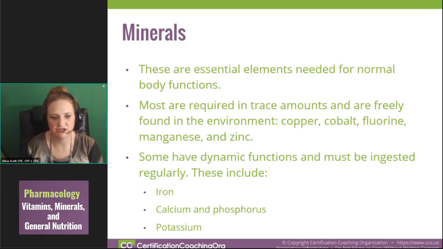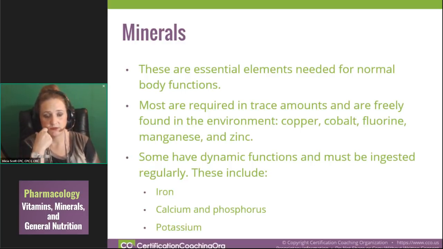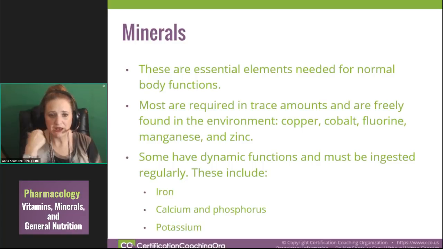The dynamic functions, though, are that you need iron, calcium, phosphorus, and potassium. Now, potassium, like calcium, is very, very important for the cardiovascular system. When you watch the lecture on medications for the cardiovascular system, we talk about this quite a bit. There are three main things we need to know about our heart.